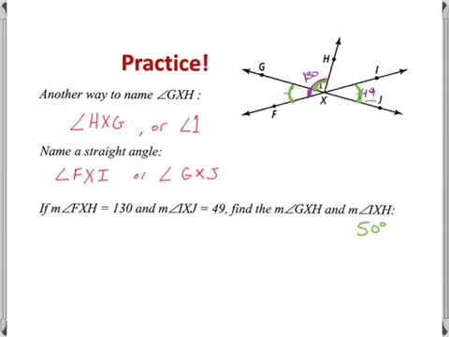So if this angle here is 49, so is this angle here. So to find the measure of GXH, all we need to do is take 130 minus 49, and we should get that GXH is 81 degrees.